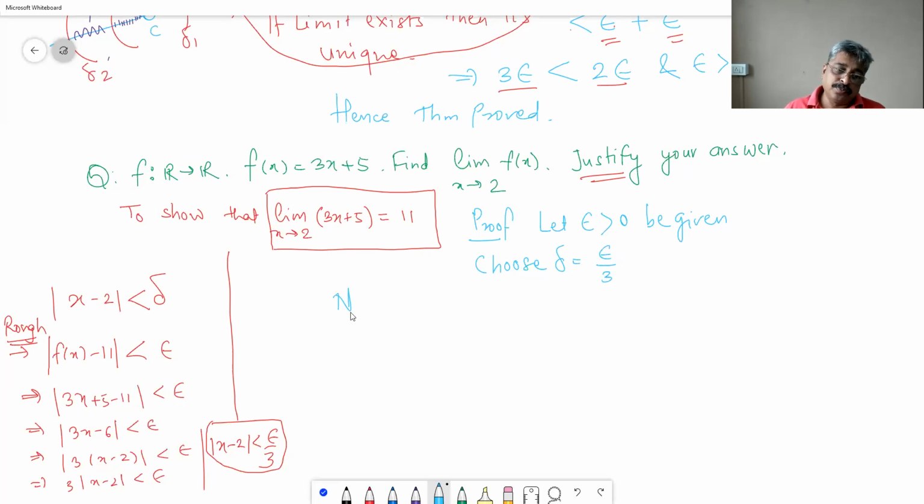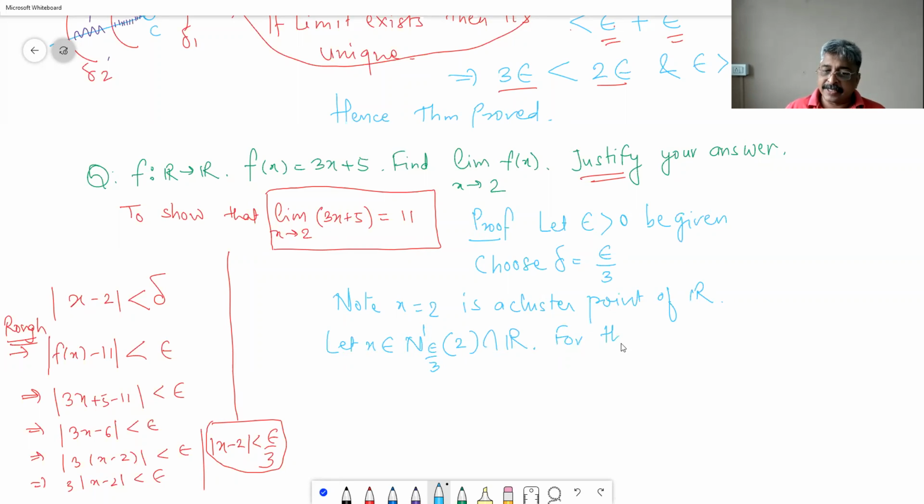Note x is equal to 2 is a cluster point of R. R is our domain of definition of f. Let x belong to deleted epsilon by 3 neighborhood of 2 intersection R.